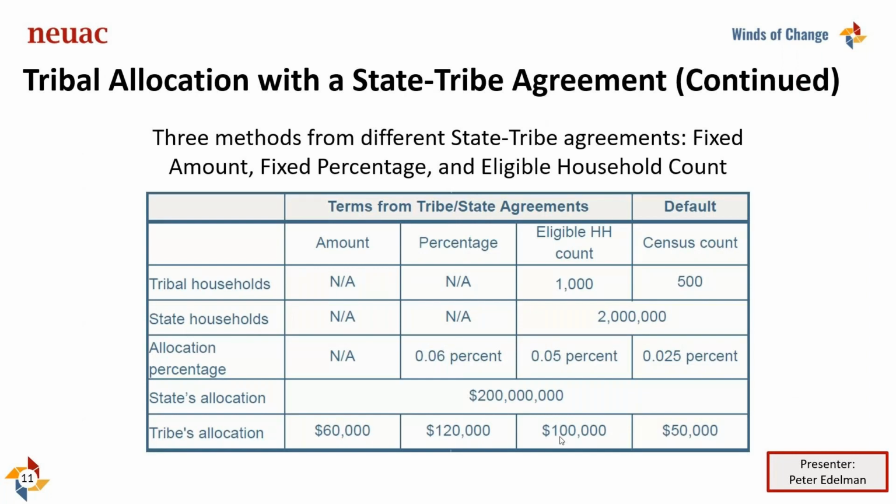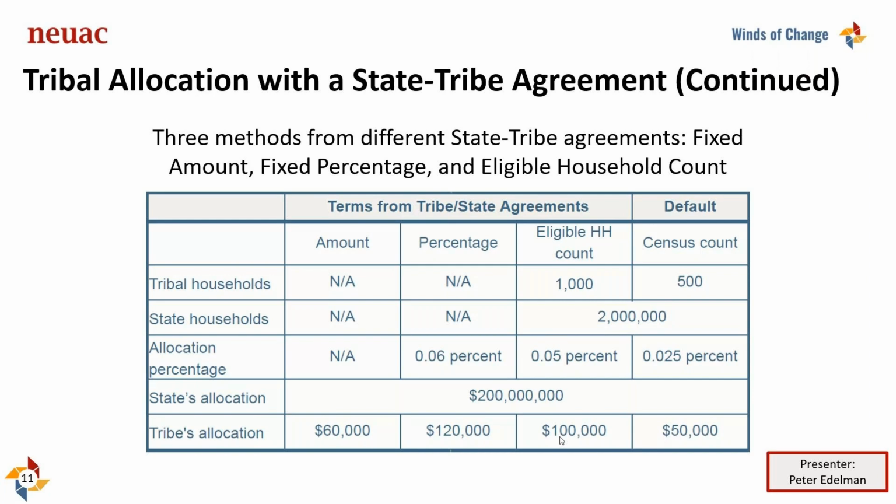And here is a table that illustrates the different methods plus the default method. These are all hypothetical. In this case, the allocation percentage over on the left-hand column is the same thing as the default ratio that I mentioned on slide 7.